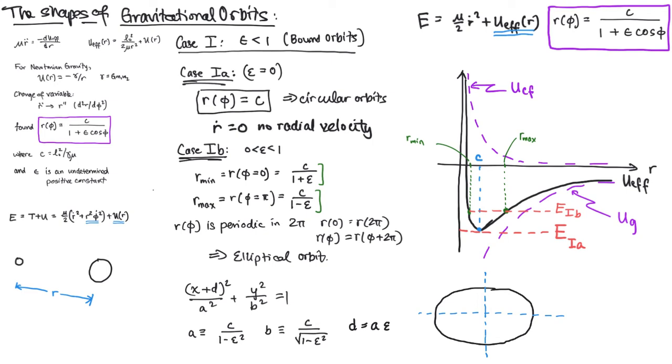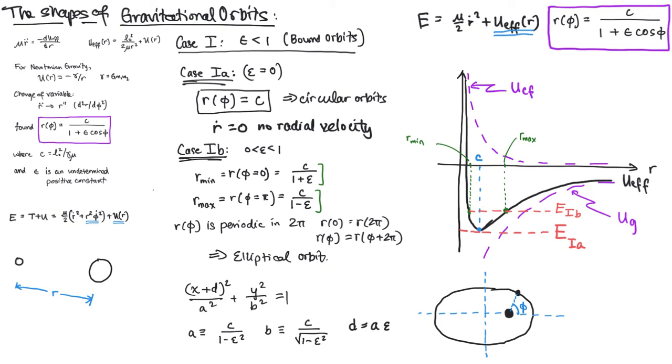And we can think of having one object at a focus of the ellipse and the other one on the ellipse. And we know that when phi equals 0, which corresponds to this line here, you have the minimum approach. And when phi equals pi, which corresponds to this point here, you have the furthest approach between these two particles. And in general, you're somewhere in between. So this is the angle phi.